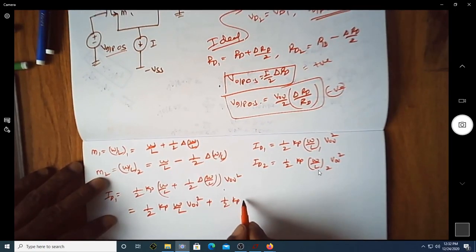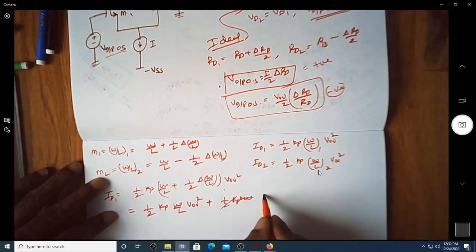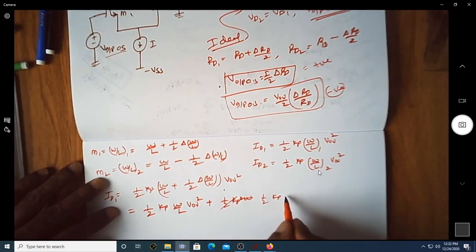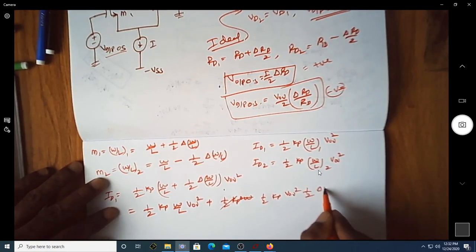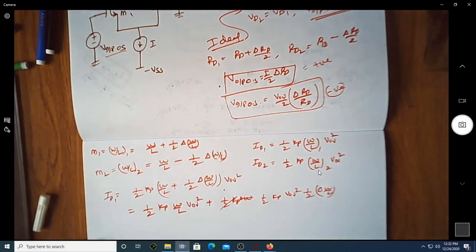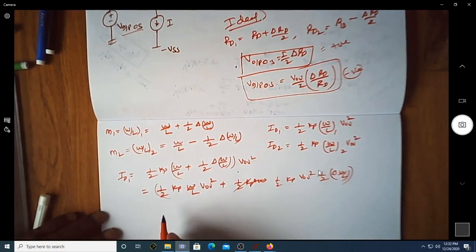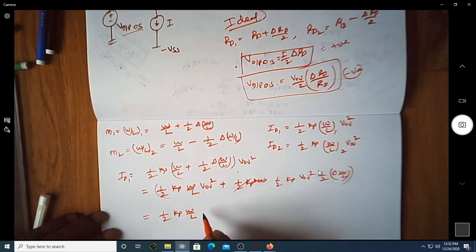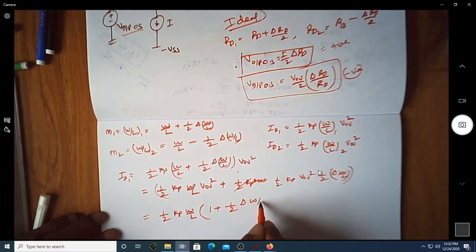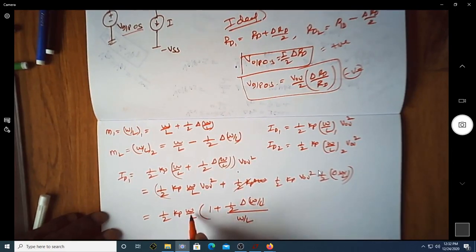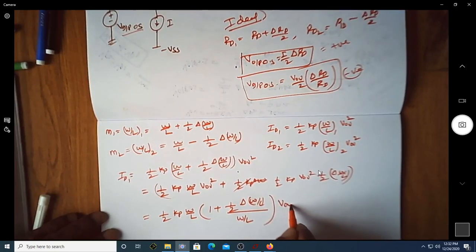Instead of writing this, what I'll do is take half Kp W by L outside as a common factor. So this becomes 1 plus half delta W by L divided by W by L, into VOV square.